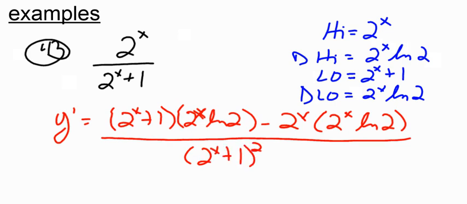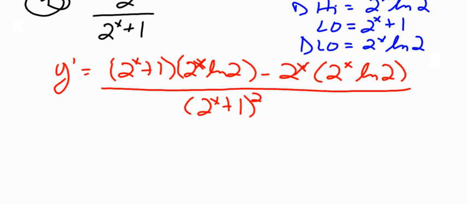All right. In this case, we want to just go ahead and simplify the numerator. And so what I'm going to do from here is I'm going to see that I have a GCF of 2 to the x ln of 2 that I can pull out.